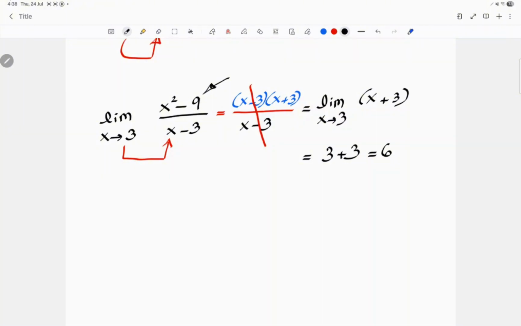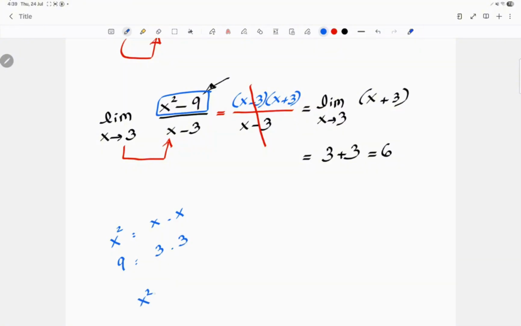Now if you're confused about how x squared minus 9 became x minus 3 times x plus 3, ask yourself, x squared is made of what? Of x times x. And 9 is made of what? Of 3 times 3.